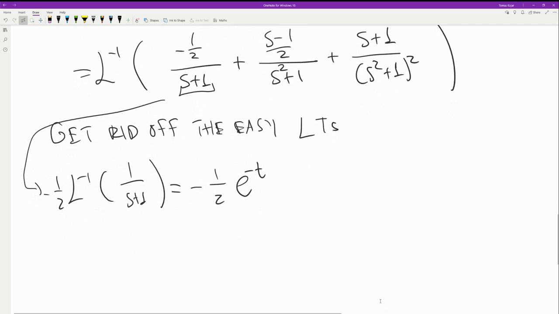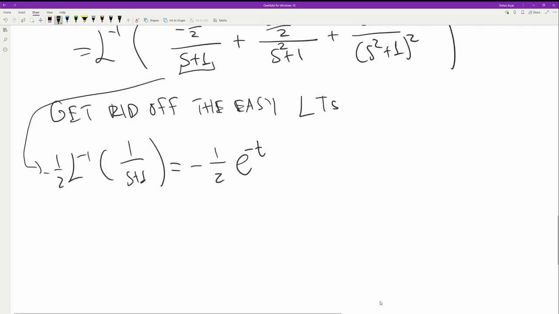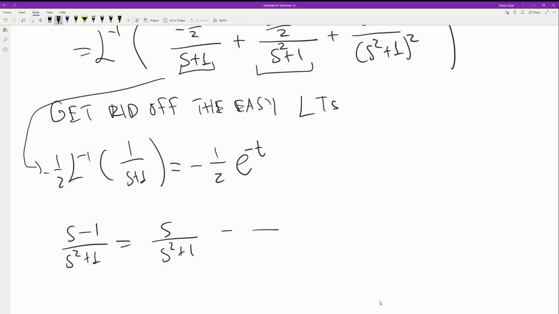So what was next? Yeah. So another easy one is this. So we have (s minus 1) over (s squared plus 1), and again, you can use the table.